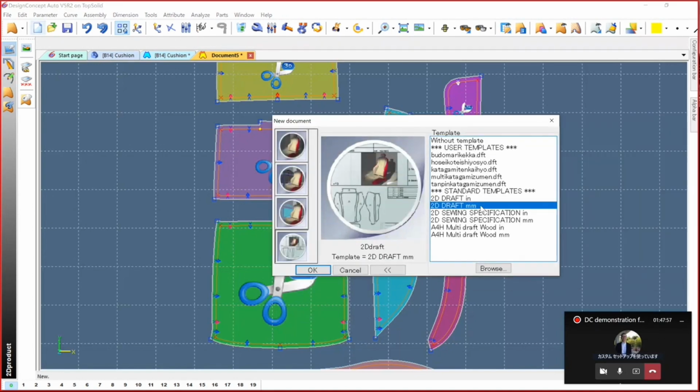This is the initial page of the DC design concept, and design concept 3D has the 4 pillars, and 2D has only the bottom 2 pillars. You see the 2D already working on Izuka-san's screen, right?